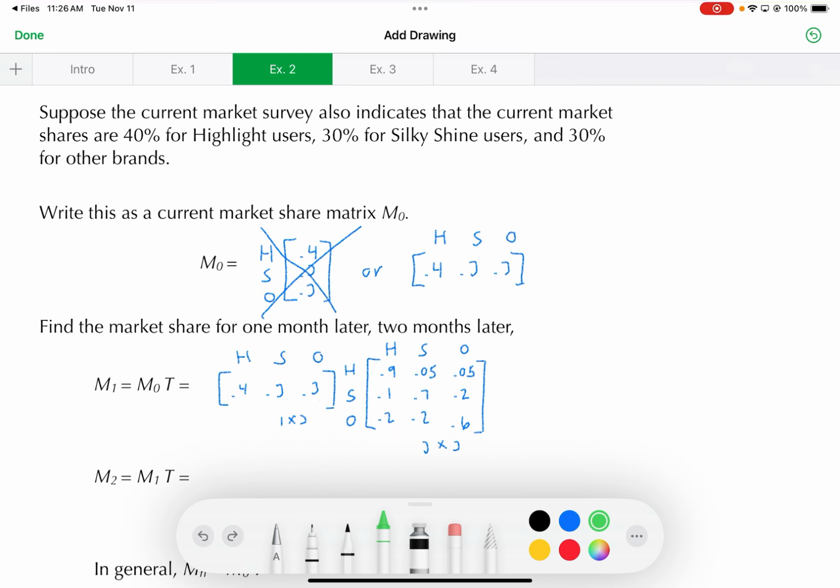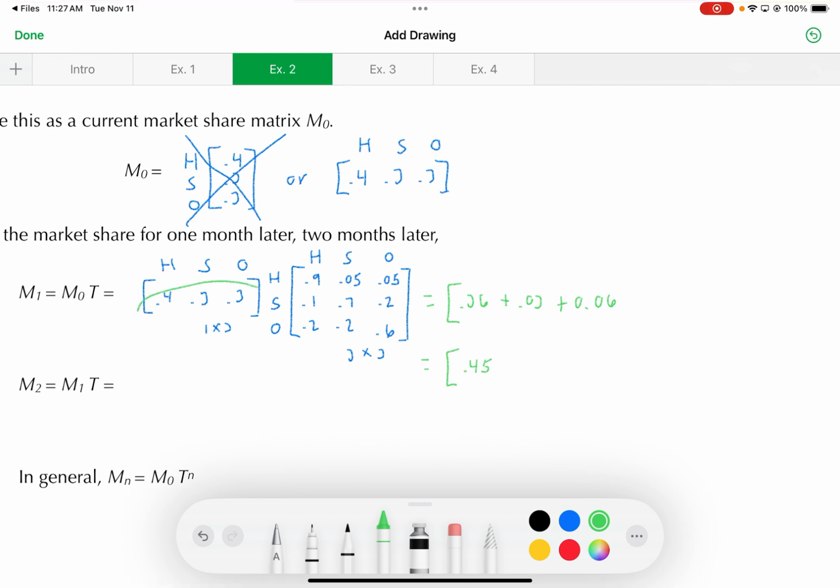Okay. All right, so if we actually multiply that out, 0.4 times 0.9, that's going to be 0.36. Added with 0.3 times 0.1 would be 0.03. 0.3 times 0.2 is another 0.06. Okay, and I'll simplify that. It's going to give me 0.45 for the first element of the resulting matrix.